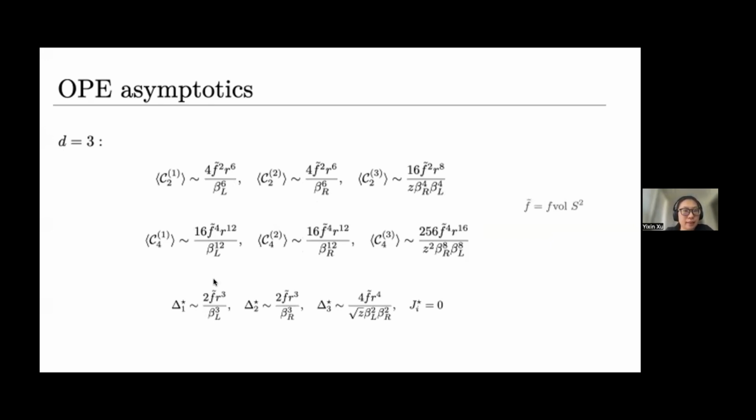We see here that delta 1 star and delta 2 star scale as r cubed, but delta 3 grows faster and it scales as r to the power 4. That explains why in the OPE asymptotics there is this scale separation.